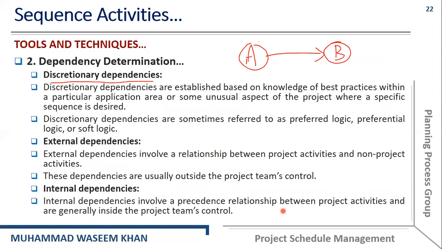For example, we have two activities, activity A and activity B. Activity A is the assignment and activity B is the quiz. Now it's upon us to first take the quizzes from the students and then take assignments from the students.